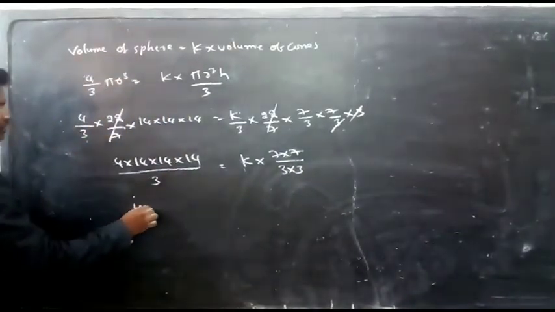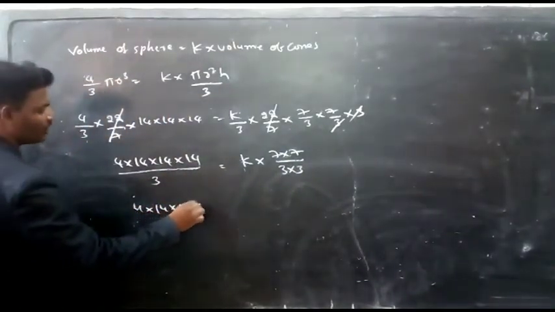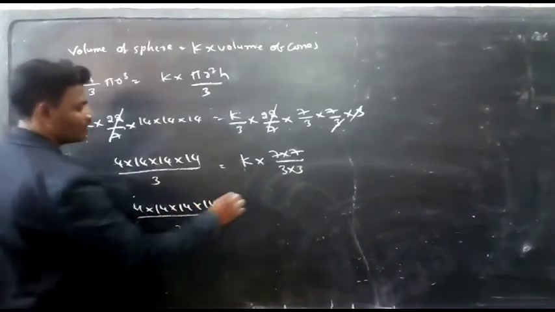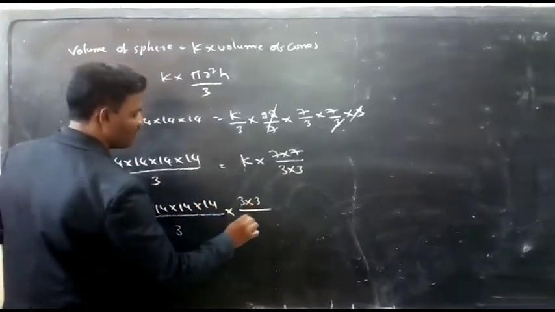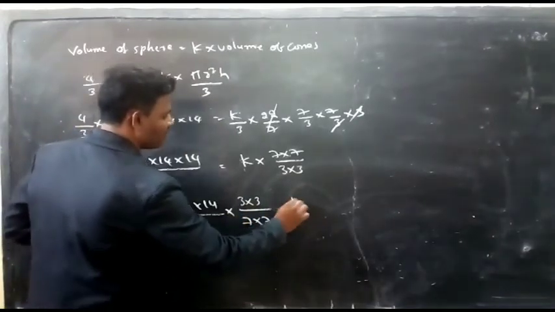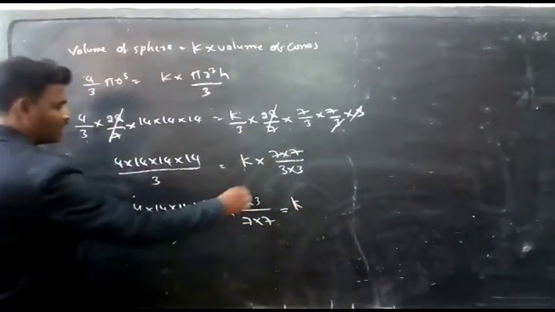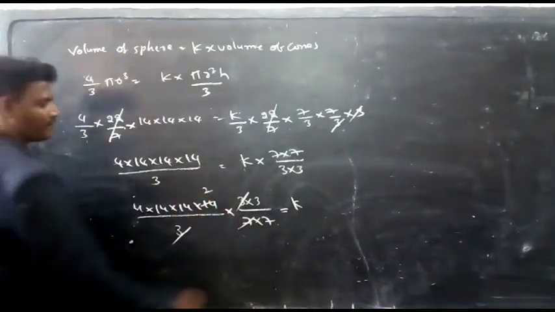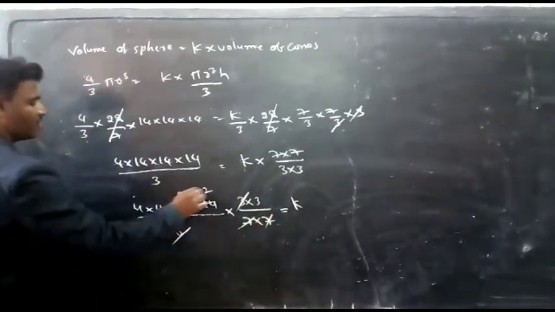What is remaining here? 4 into 14 into 14 into 14 by 3 is equal to k into 7 into 7 by 3 into 3. So 4 into 14 into 14 into 14 into 3 by 3 into 7 into 7 is equal to k. First 3 and 3 get cancelled. 7 1s are 7, 7 2s are 14.